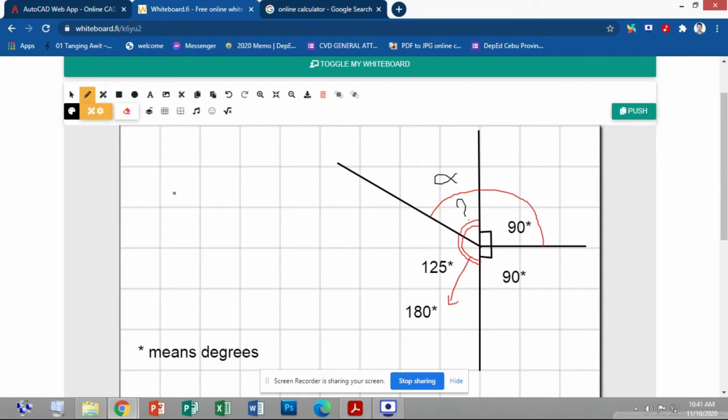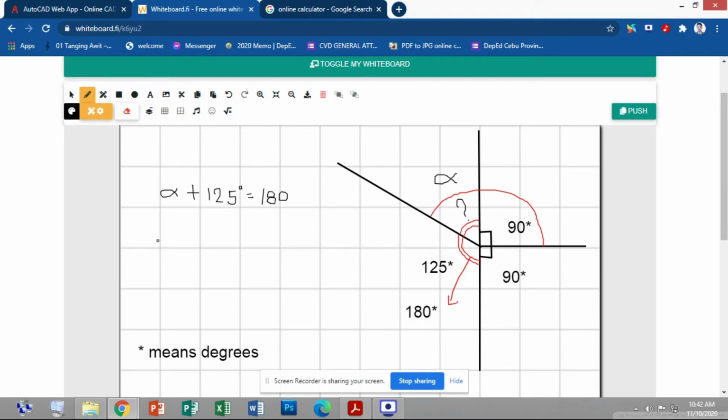So, kailangan si alpha, pag inadd natin ni 125 degrees, angle yan, dapat ang result niyan is 180 degrees. Ayan. So, ano nga gagawin natin?